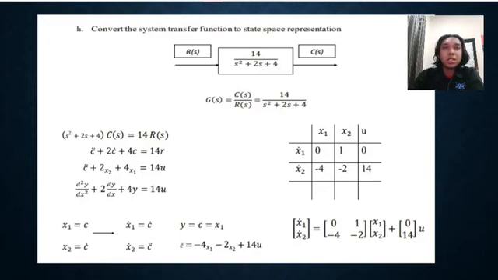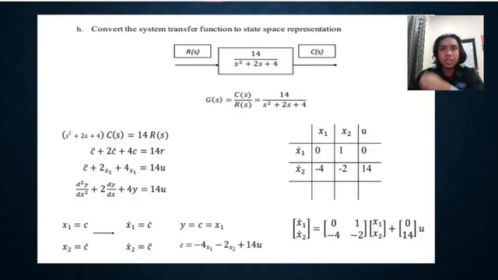Basically, x1 is equal to c and x2 is equal to c dot. Then we differentiate it, and it will be turned into x1 dot equals c dot and x2 dot equals c double dot. So the equation of y is equal to c, which is equal to x1.